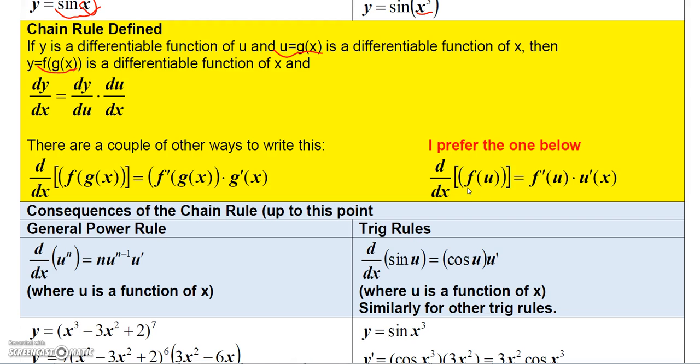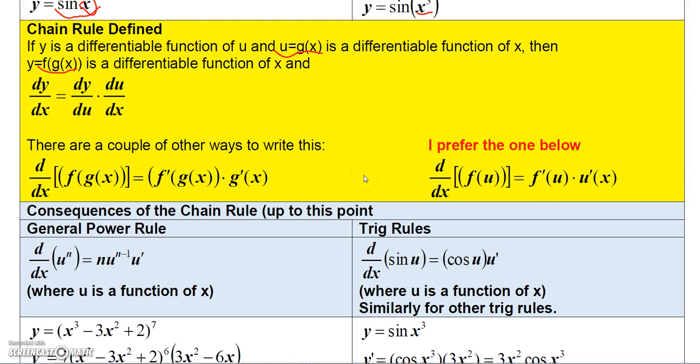If we think of the composite function as a function evaluated at u, where u is g of x, or in other words, u is a function of x, then the derivative of f of u with respect to x is the derivative of f evaluated at u times u prime of x. Okay?